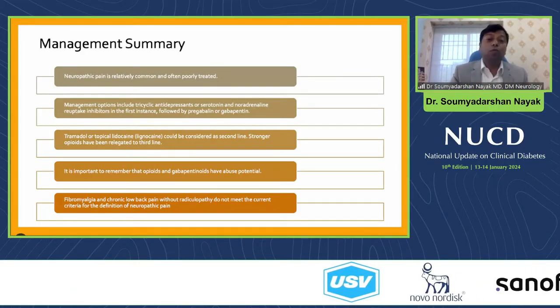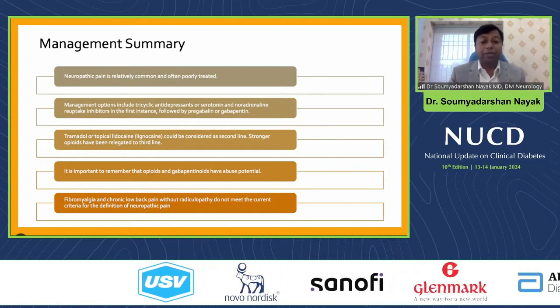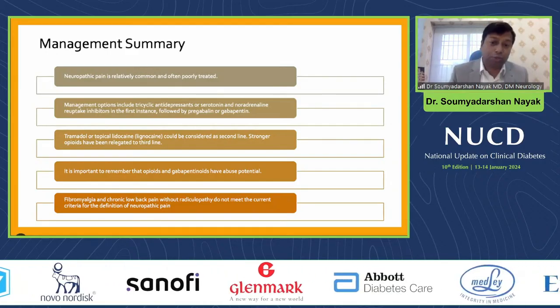Important that you start with a single drug, preferably pregabalin or gabapentin, and add on combination if you have a suboptimal response.